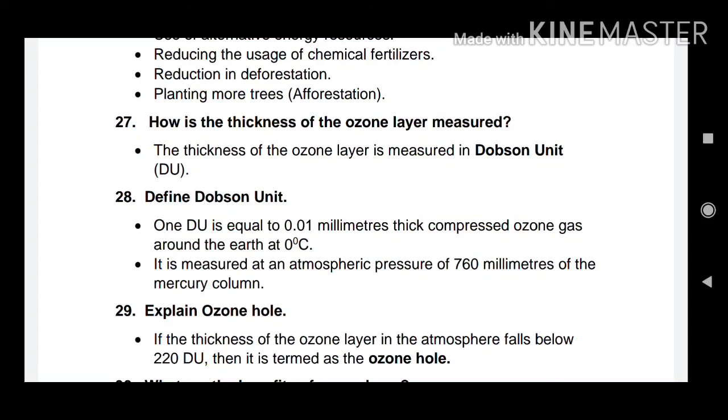It means at 0 degrees Celsius it refers to the thickness of compressed ozone gas around the earth, which is 0.01 millimeters thick. It is measured at an atmospheric pressure of 760 millimeters of the mercury column.